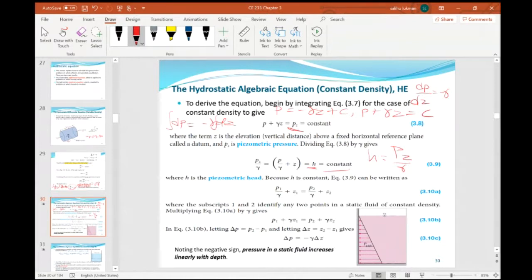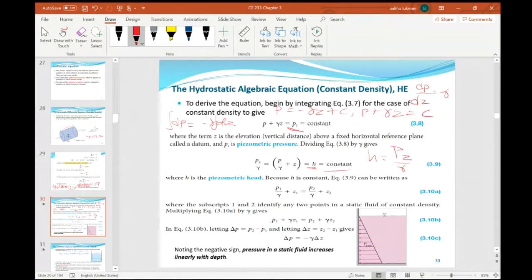Since H is constant, P over gamma plus Z is always constant. So when you tell me two points, that value should remain the same for those two points, meaning P1 over gamma plus Z1 is equal to P2 over gamma plus Z2. This is referring to the piezometric head for two different points. So the piezometric head for any point of a static fluid is always constant.